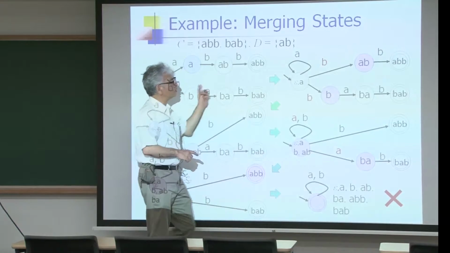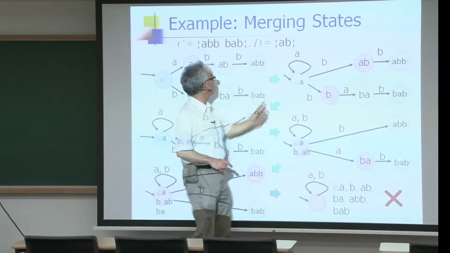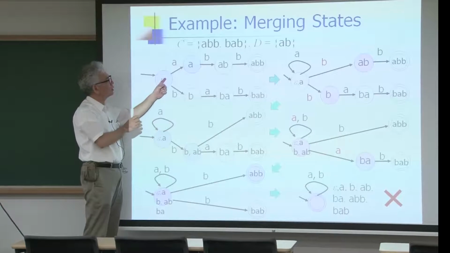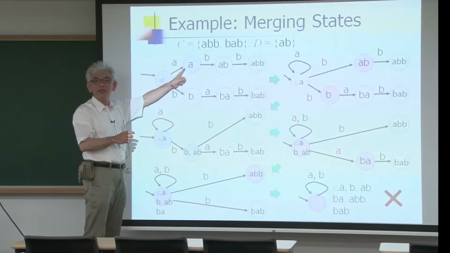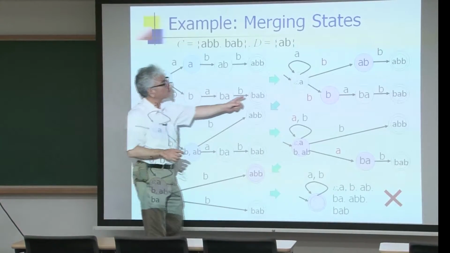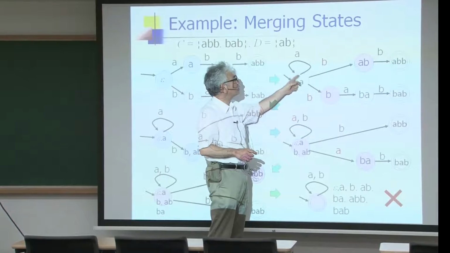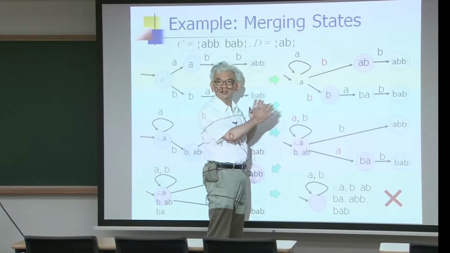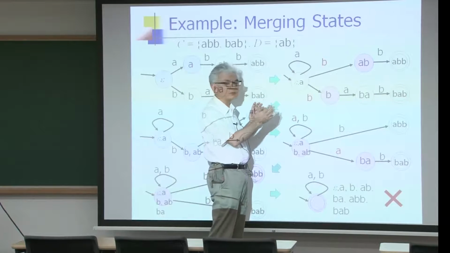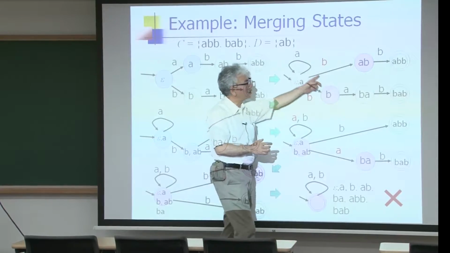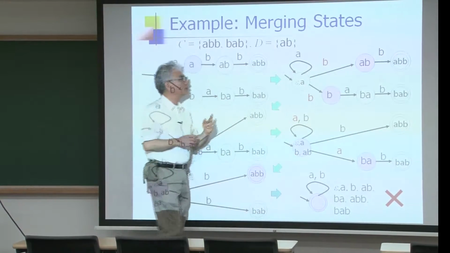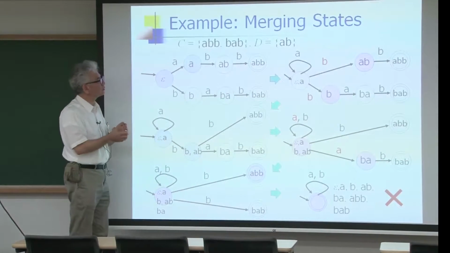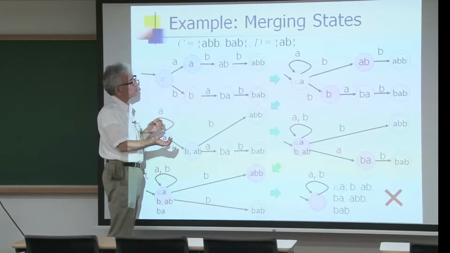And this is a generalization of this one, because the previous automaton accepts only strings starting with a single A, but in this automaton, we can have a sequence of A's as long as we like, and then follow with B and B here. So this is a generalization, and this automaton accepts more strings than the previous one.